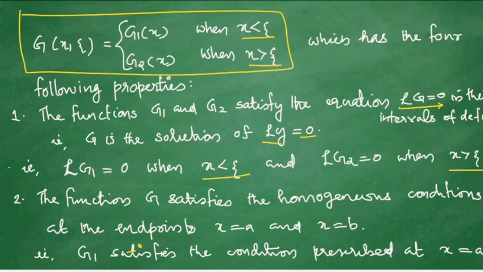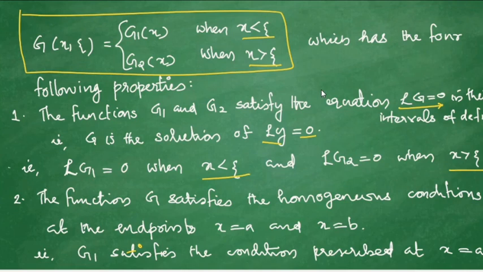It must also satisfy four properties. First, it must satisfy the homogeneous differential equation Ly equal to 0. The second condition G must satisfy is the homogeneous condition at the endpoints.